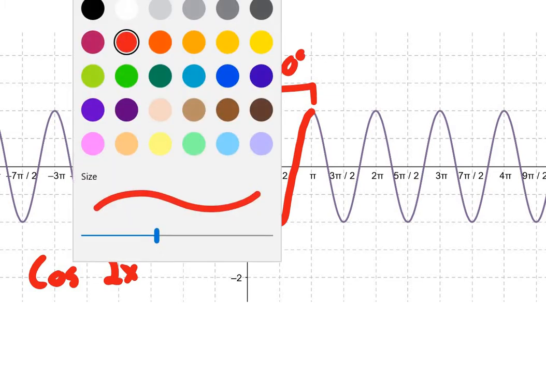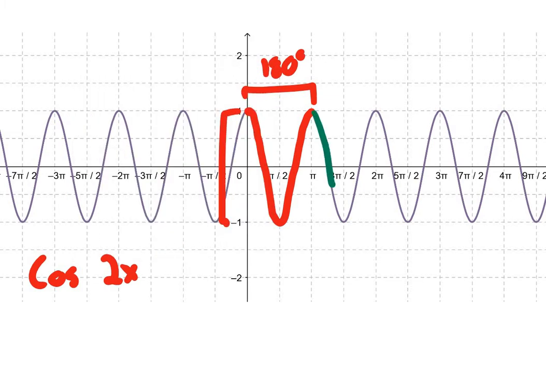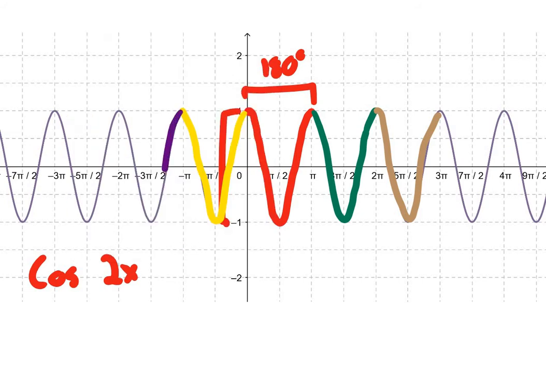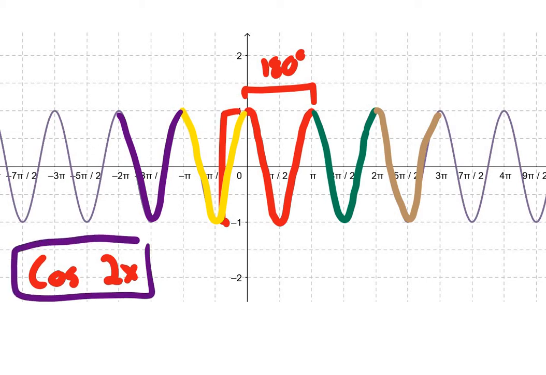Notice then, just like the other one, the next 180 degrees, it goes again, and the next 180 degrees goes again. And likewise, back the way. So 180 degrees repeats itself again, another 180 degrees repeats itself again. If that's in cos 2x.